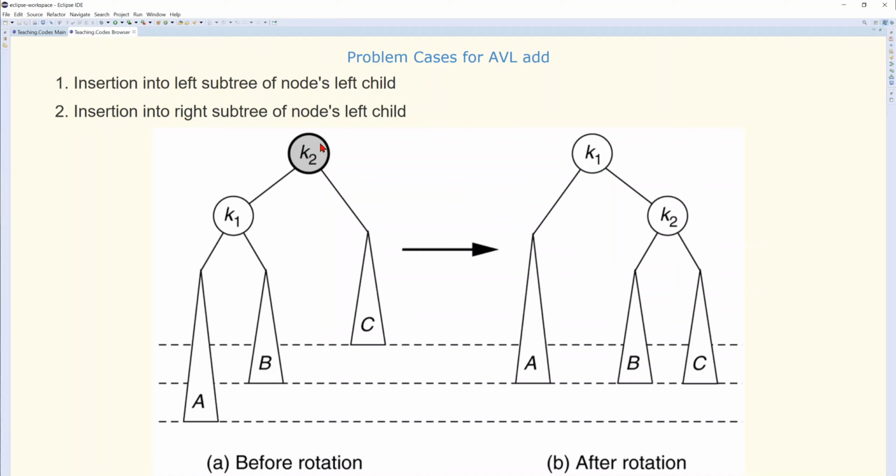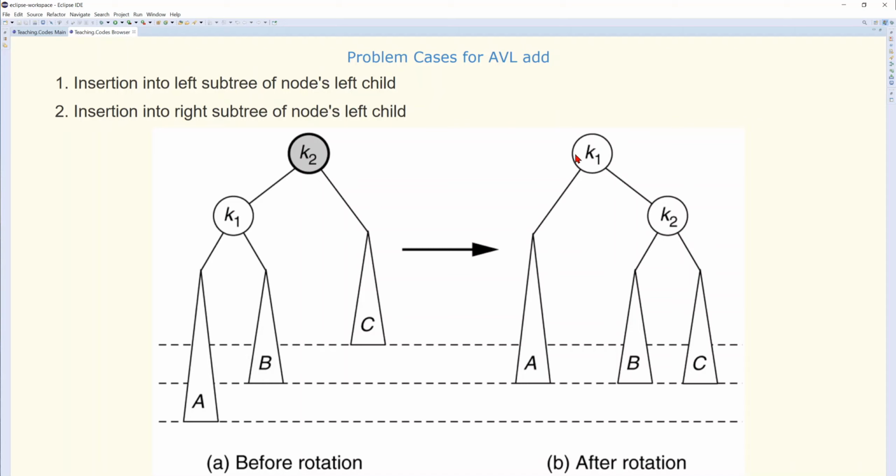From K2, we had K1 hanging, and from K1, we had the subtrees A and B hanging. On the other side of K2, we had C hanging in the air. Now, this time, hold from K1 and shake it. When you hold from K1, K1 will go 1 level up, as you can see here on the right.